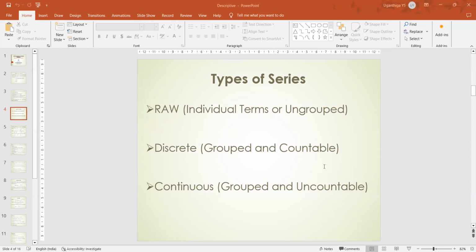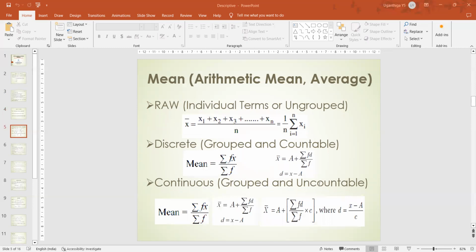Discrete and continuous are grouped data. Discrete is countable, but continuous is a range of values that is uncountable. We cannot say how many values are in between two numbers. We can give one count in between a range of values. That is what continuous means.